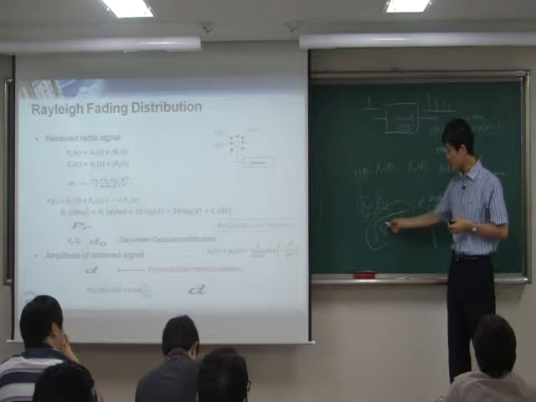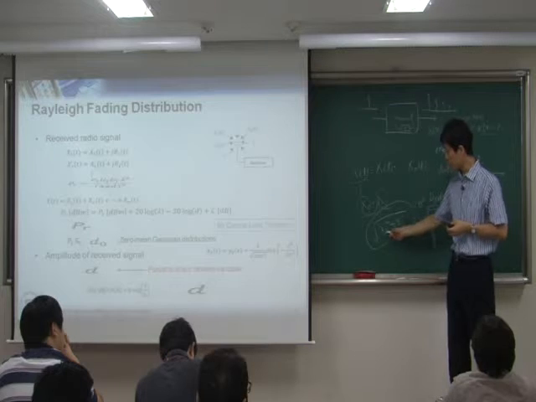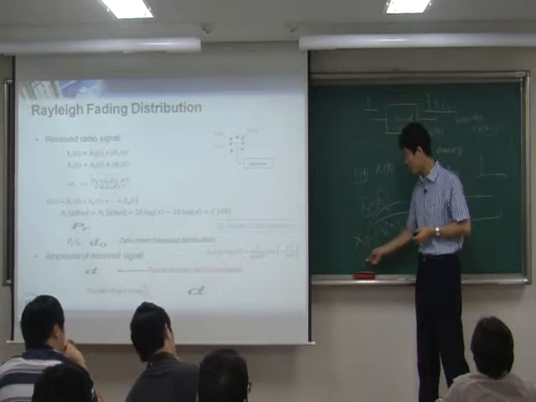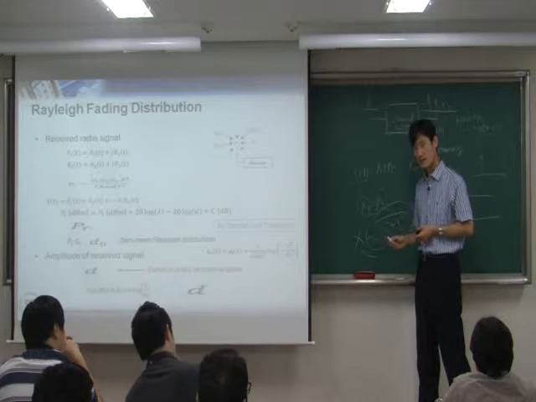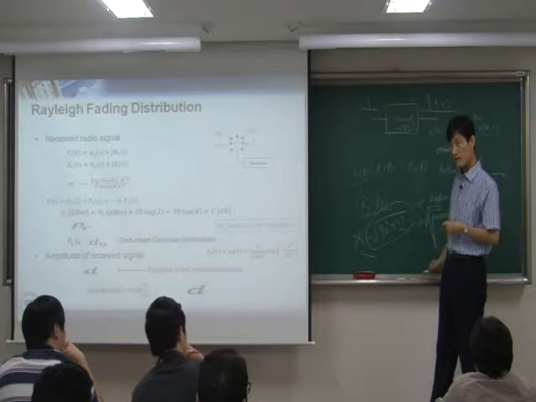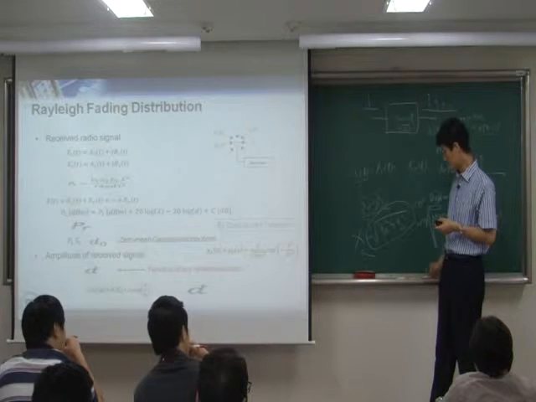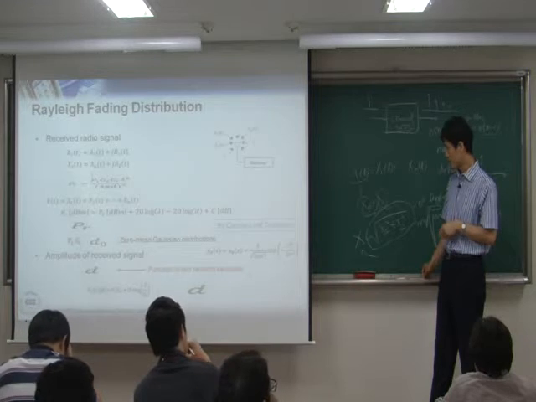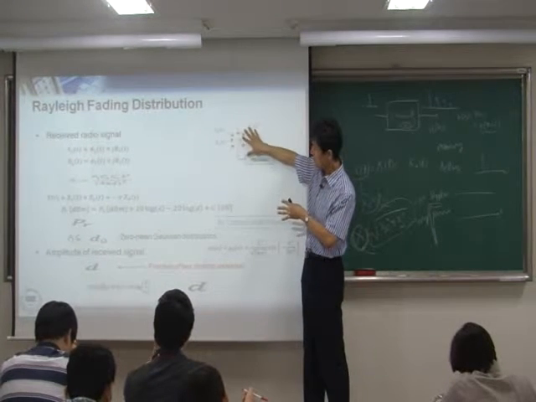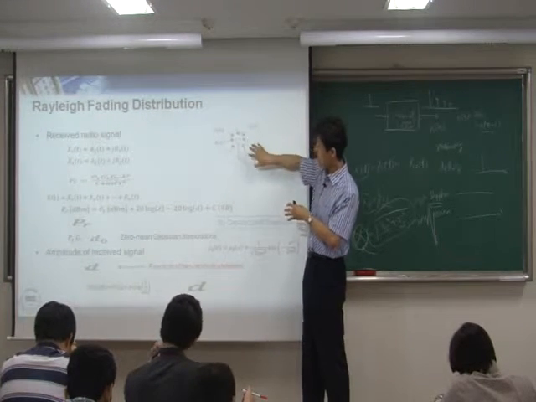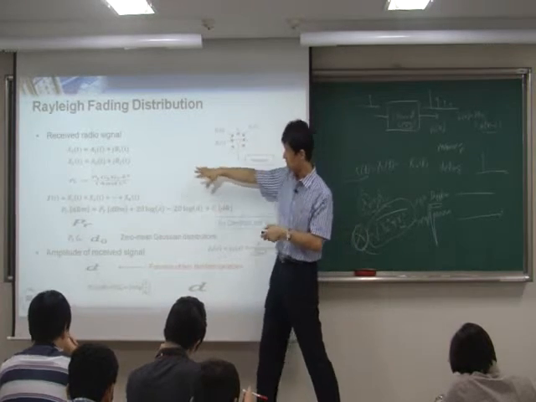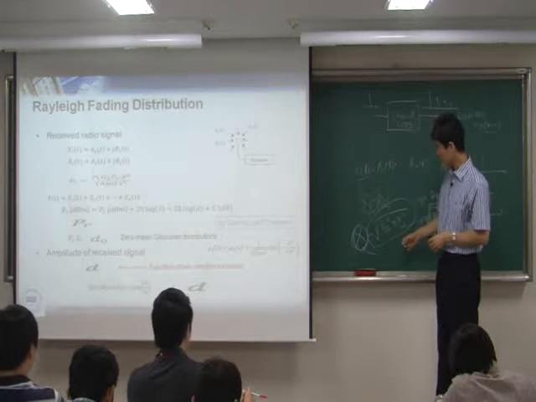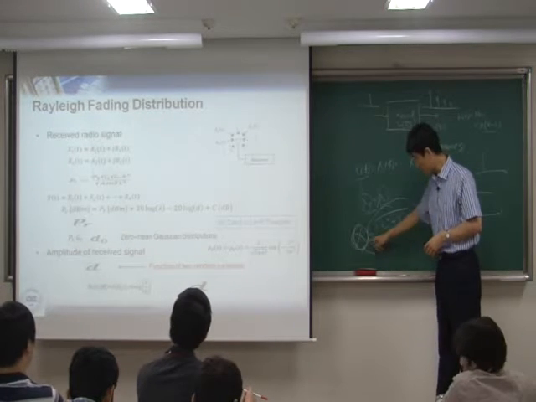Now you do the square for each of them, add them, and take the square root. That's going to be a new random variable. What is going to be the distribution of that? That is the mathematical problem, based on the physics. We convert the physics problem to a mathematical problem. You do the derivation, you solve that mathematical problem, and then we eventually get the Rayleigh distribution.